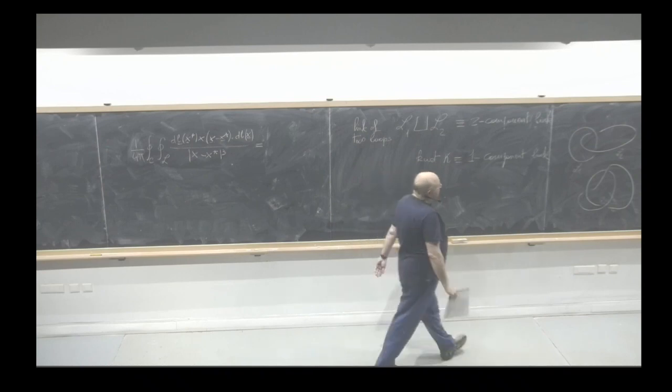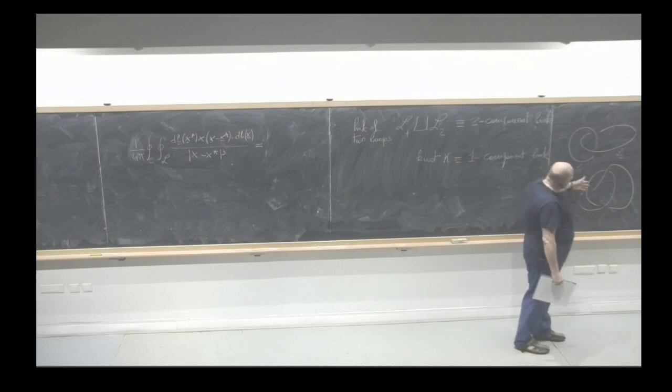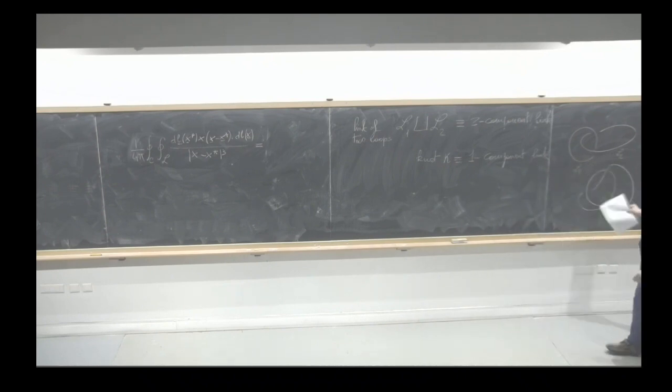So for links, you may have multiple components, and for knots, we have, you see, crossings here, maybe 3 crossings.